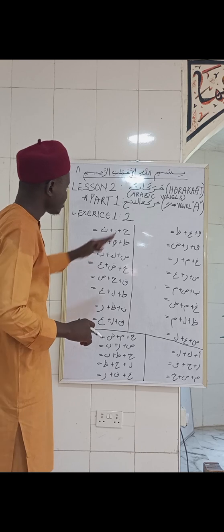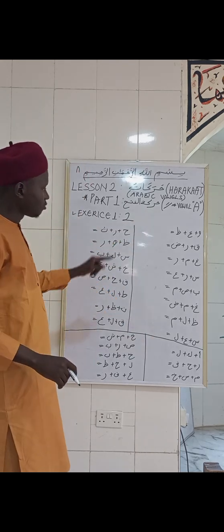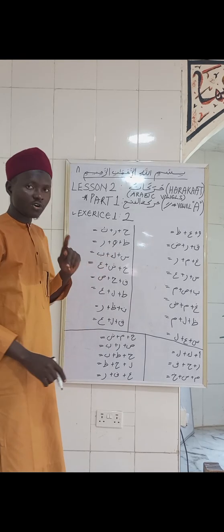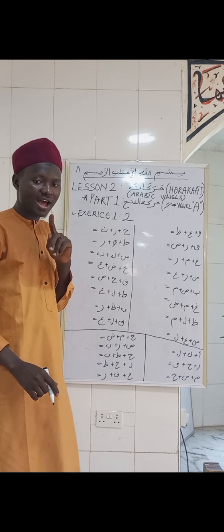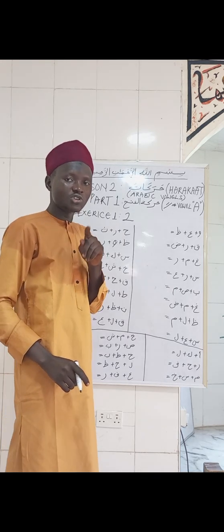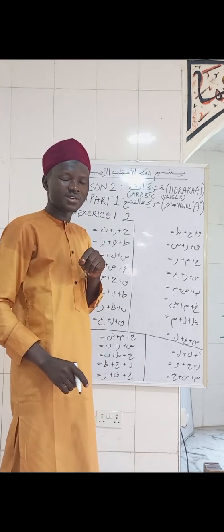So the author started with, this is the first column, this is the second column in the book, page 9. Please, for those of us that do not have access to this book, drop your mail in the comment section so that I can send you the soft copy in PDF format.